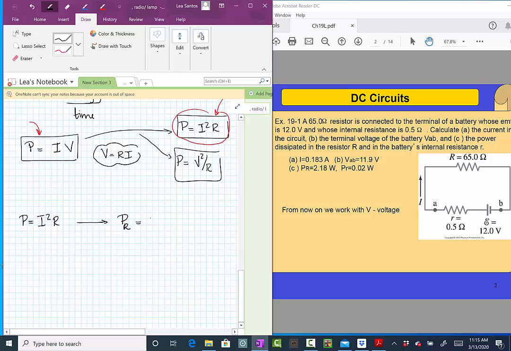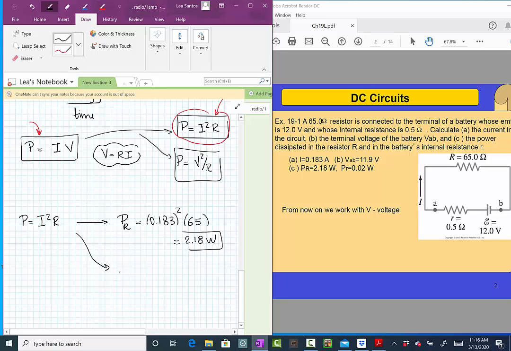The current, 0.183 squared. And now comes the question, which resistance? Well, the resistance of that device, which is 65. Okay, you put these numbers in your calculator and you will get that this number is 2.18 watts because that's the unit for power. Okay, but you see that we thought about which resistance we should put there.